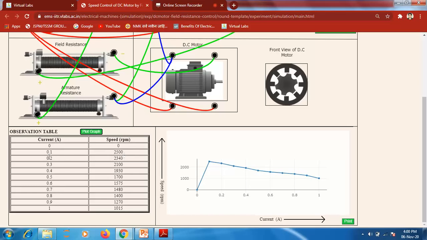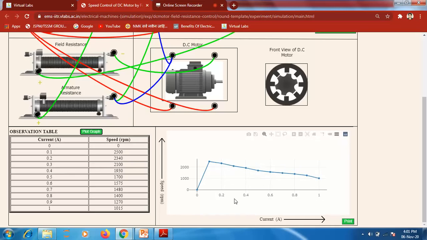It is too much high. Next, whenever you are increasing the current to 0.2, the speed will decrease and it will become 2340. Then whenever you are increasing current to 0.3, then speed is again decreasing, it comes to 2100. Okay, so in this way our graph is decreasing.